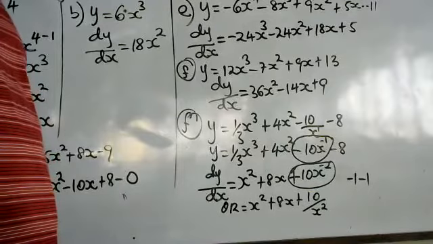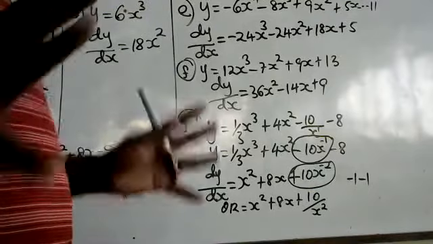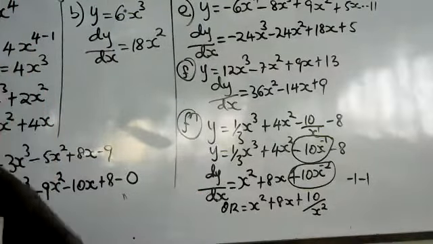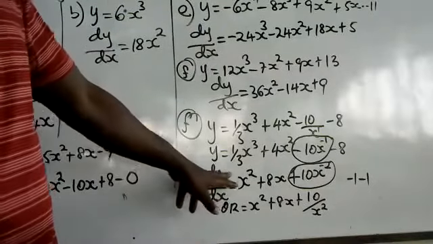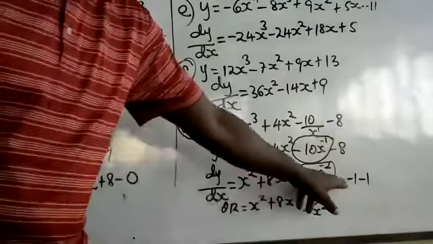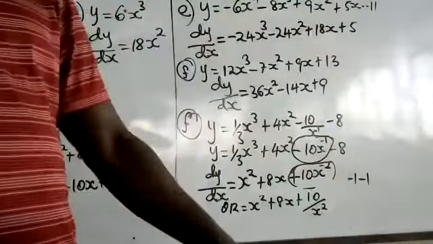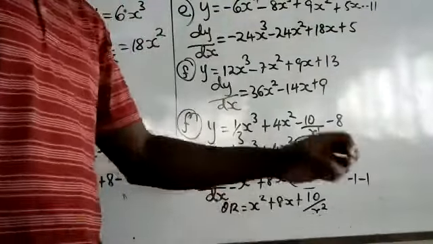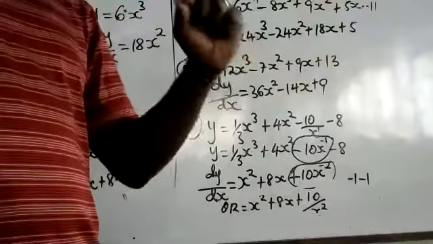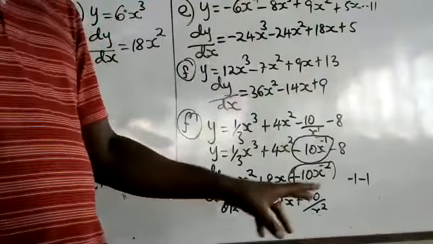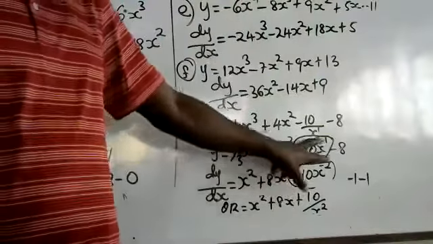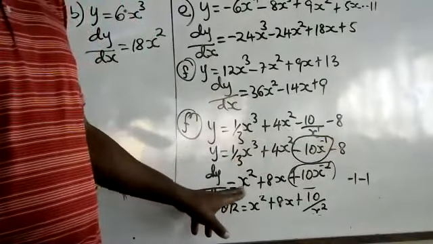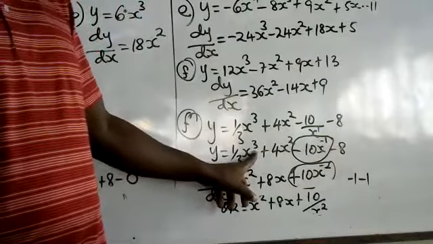Allow me to respond this way. We don't have two methods. There is only one way of differentiating. The only difference is where you leave your answer. You can leave your answer at that point, which is correct, or go further and leave it at this point, which is also correct. You have your equation, the power multiplies the number ahead of x, and the power reduces by 1.